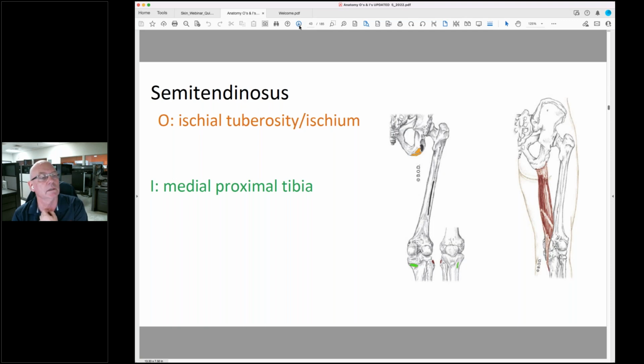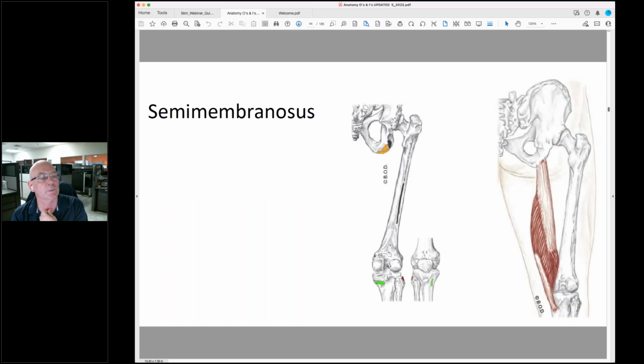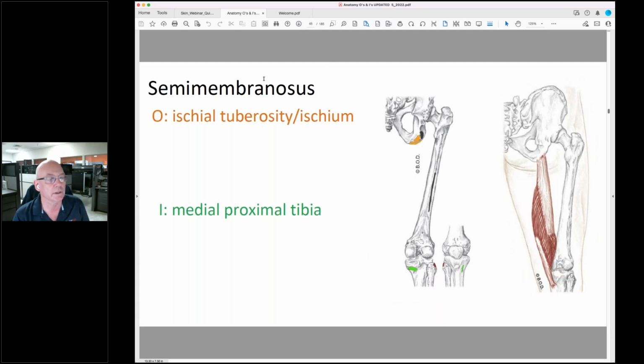Everybody good for semitendinosus, origin and insertion? Good, yes. All right. And last but not least, semimembranosus. You can see this is once again the most medial of the three hamstrings. The origin is ischial tuberosity of the ischium as promised, and the insertion is the medial proximal tibia.